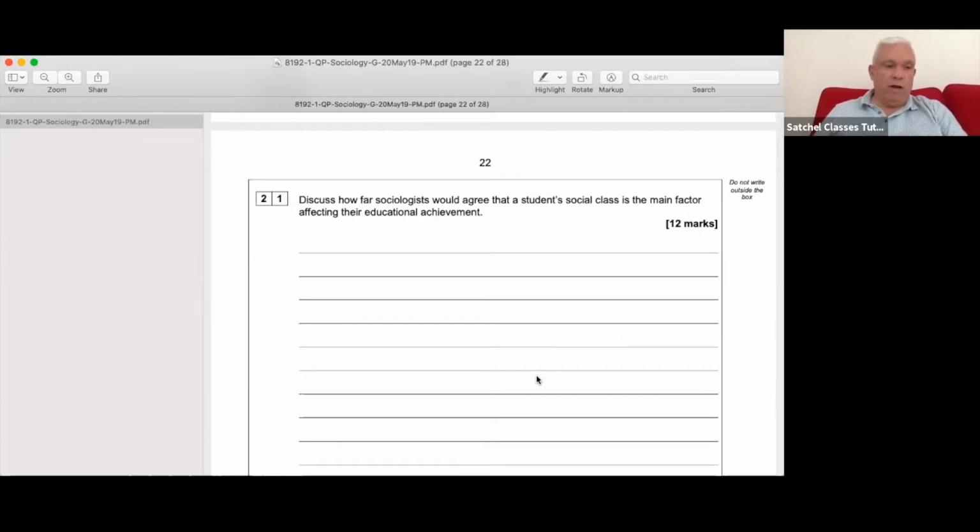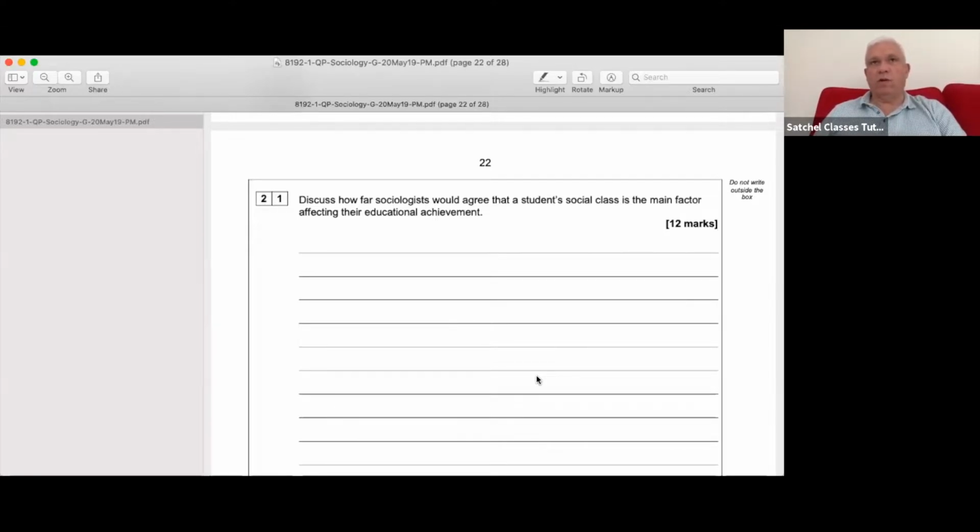So you might go along those routes as well. Okay, so there's quite a lot that you could get your teeth into, and hopefully at the end you would come up with saying that actually most sociologists, especially if they are Marxists, would agree that social class is very, very, very important, and why that is.